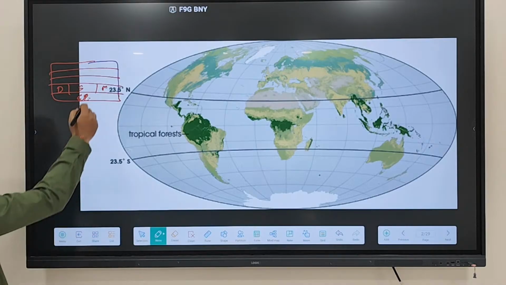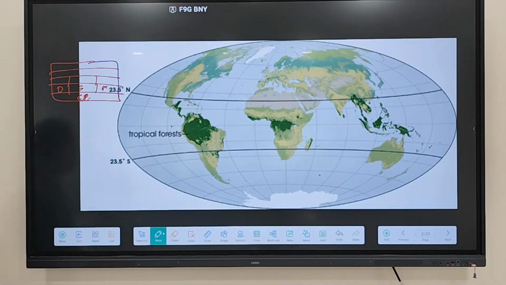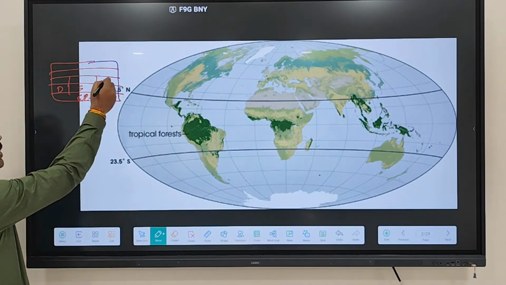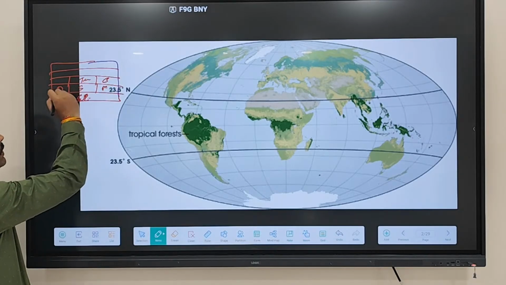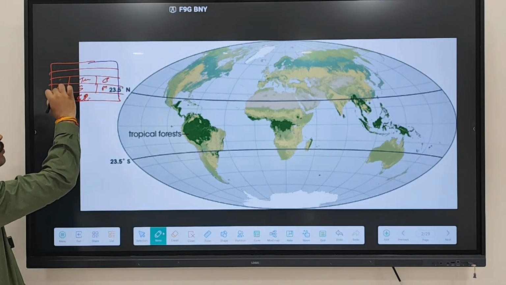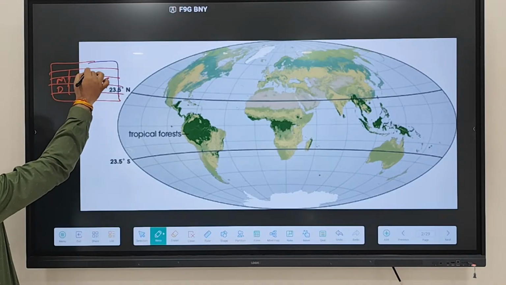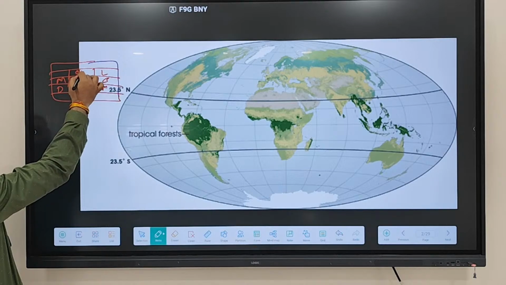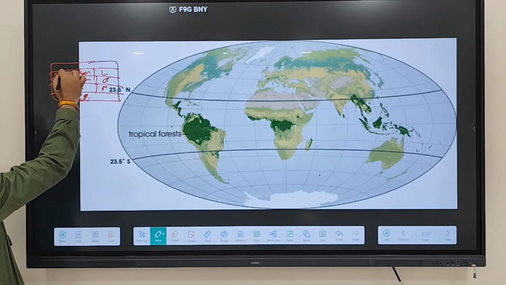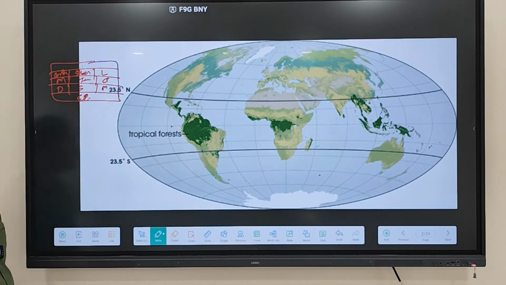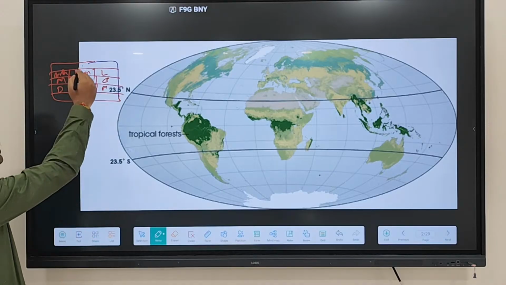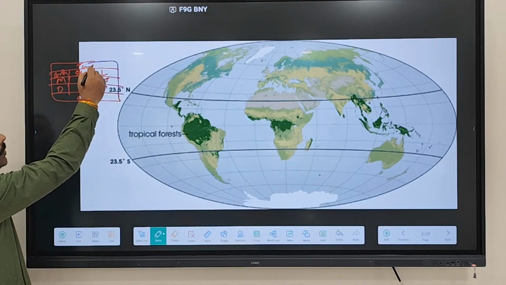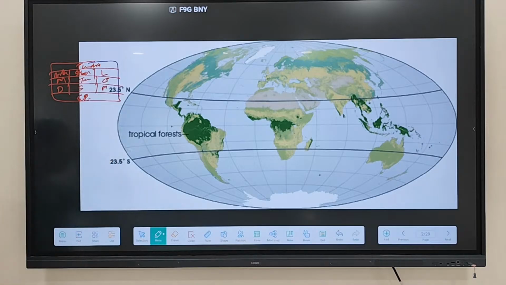Then we have divided it into China type, temperate grassland, and then Mediterranean type. Then we have discussed Laurentian type, Siberian or taiga type, and British type of climate. And the last that we have discussed is the tundra type of climate. Clear? So this climatic division we have discussed in the last class.